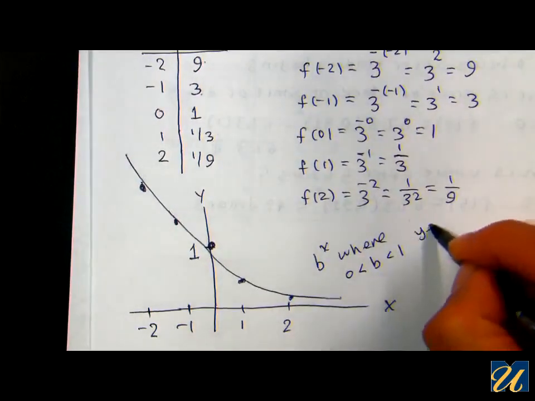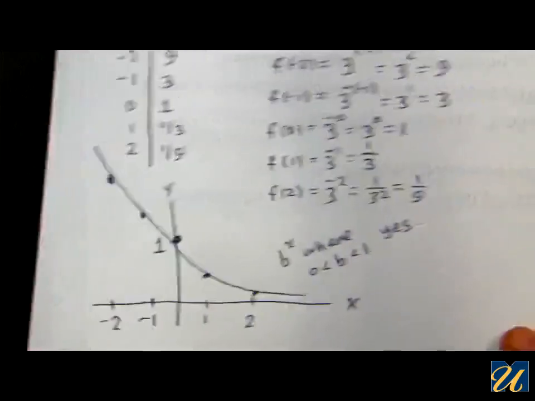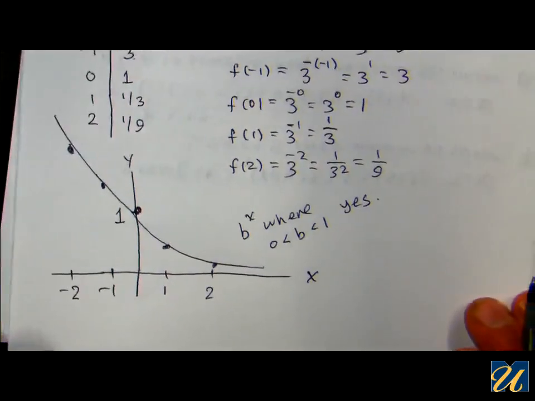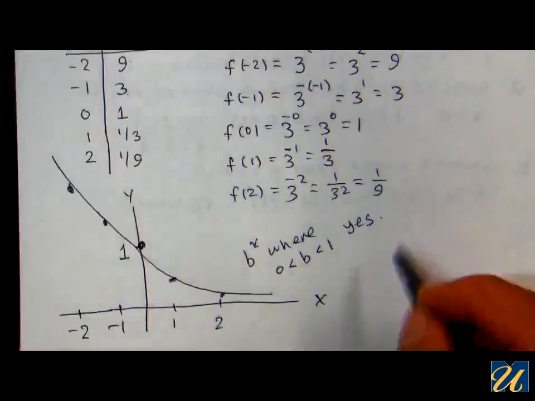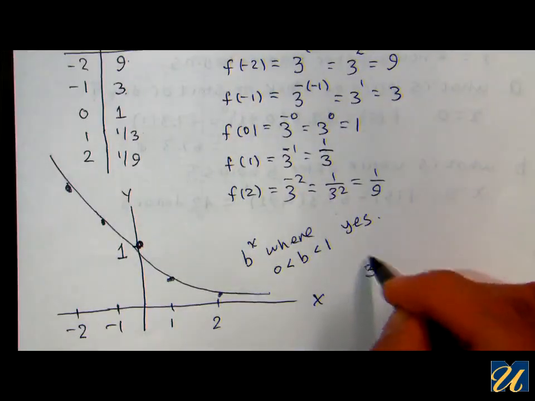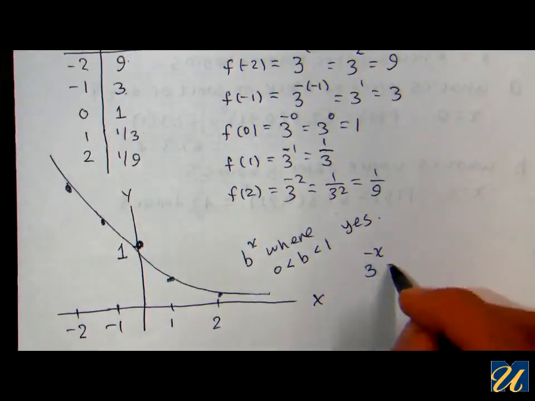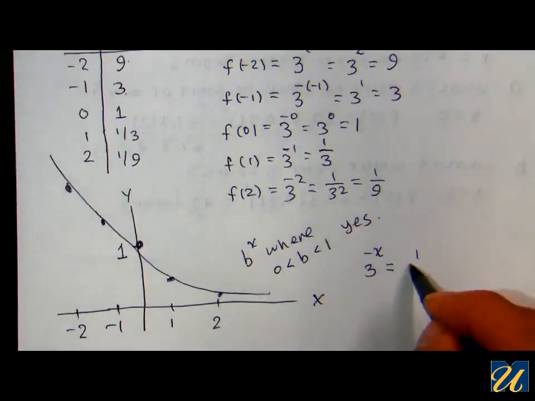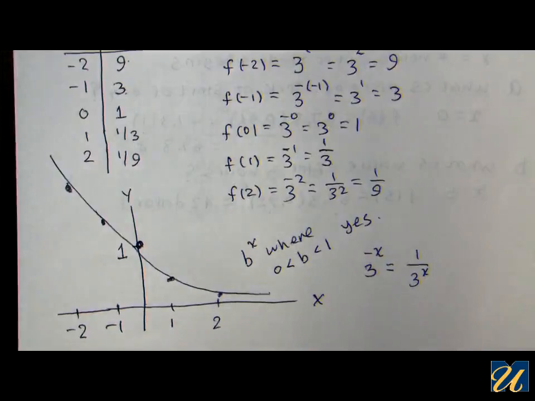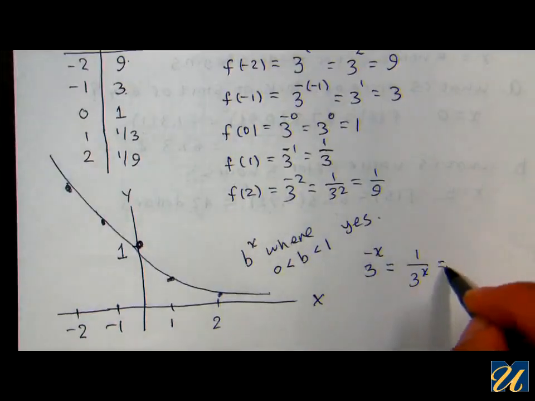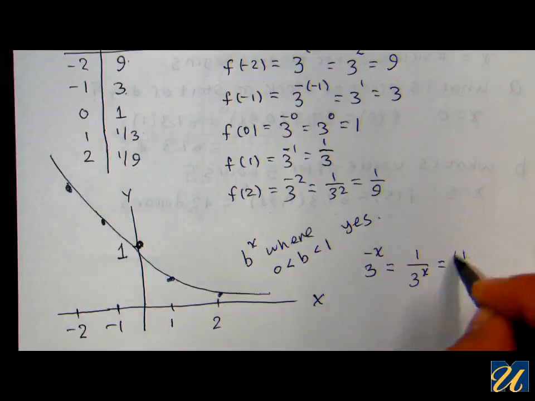Well, yes, it is. Now, here's where I'll explain this: our function is 3 to the power negative x. By the rule of exponents, this means 1 divided by 3 to the power x. Well, this is the same thing as 1/3 all raised to the power x.